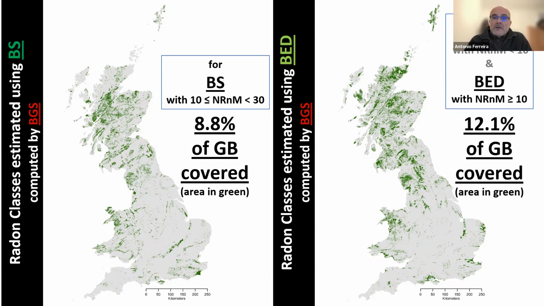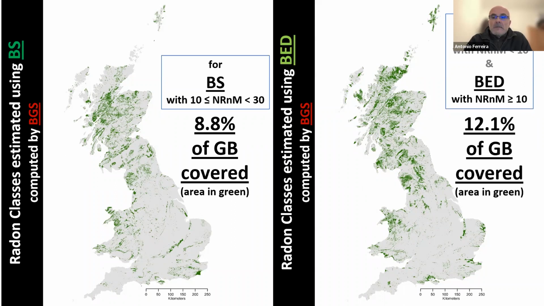On the left, you can see the coverage of BS geologies with a number of radon measurements between 10 and 30, and this covers about 8.8% of Great Britain.